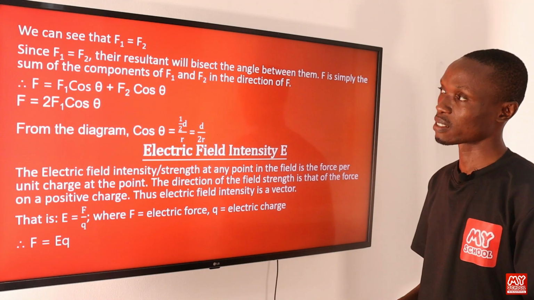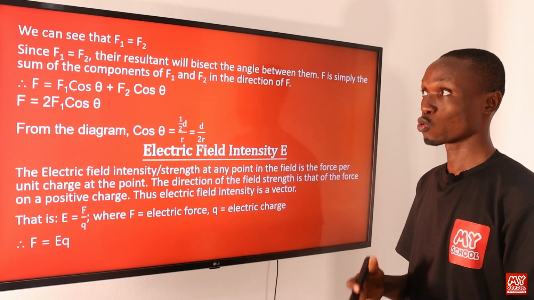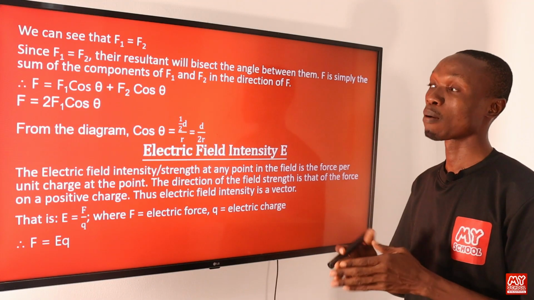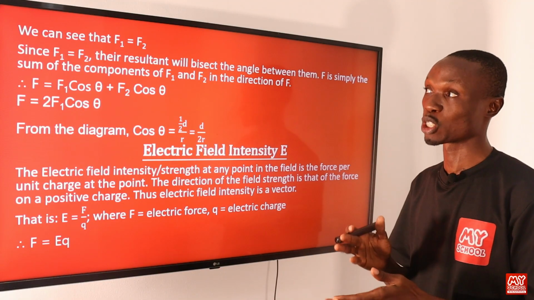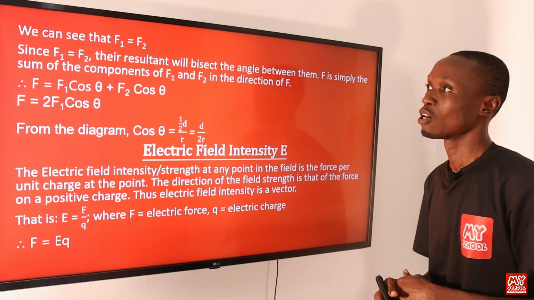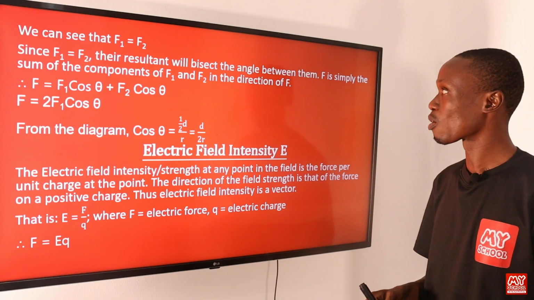We can see that F1 is equal to F2. Remember that for the two charges we have plus 2Q and minus 2Q. They are equal but opposite, so they act on the positive charge plus Q with the same amount of force. Since F1 is equal to F2, their resultant will bisect the angle between them.